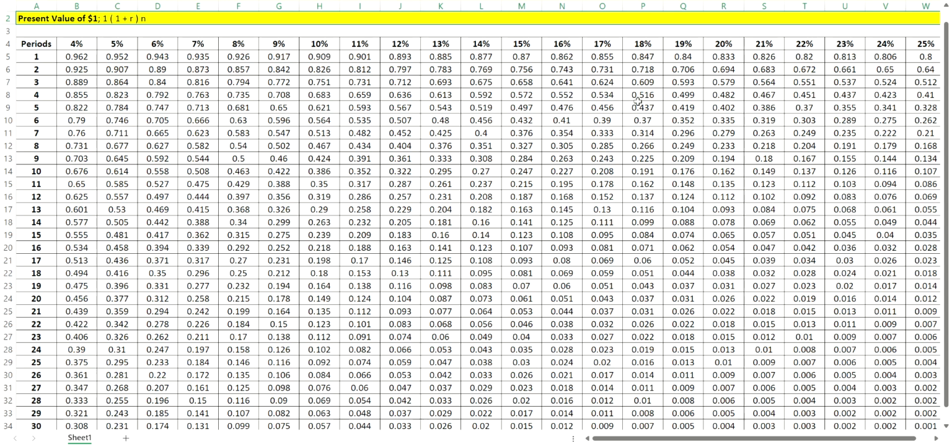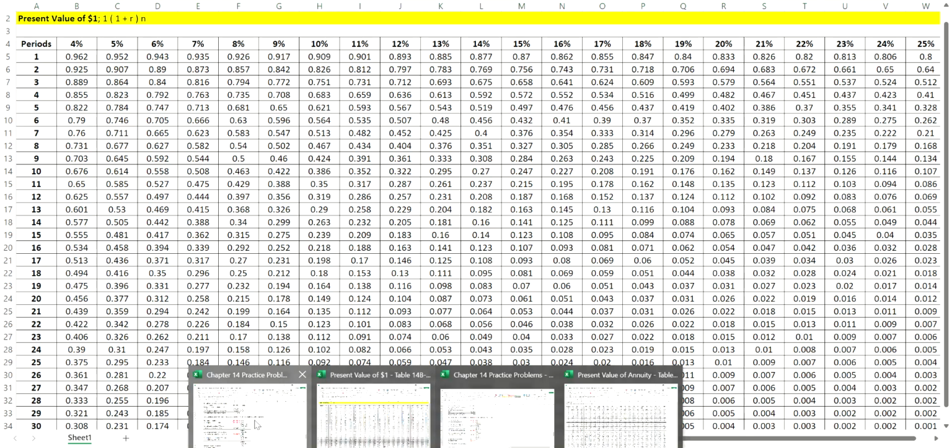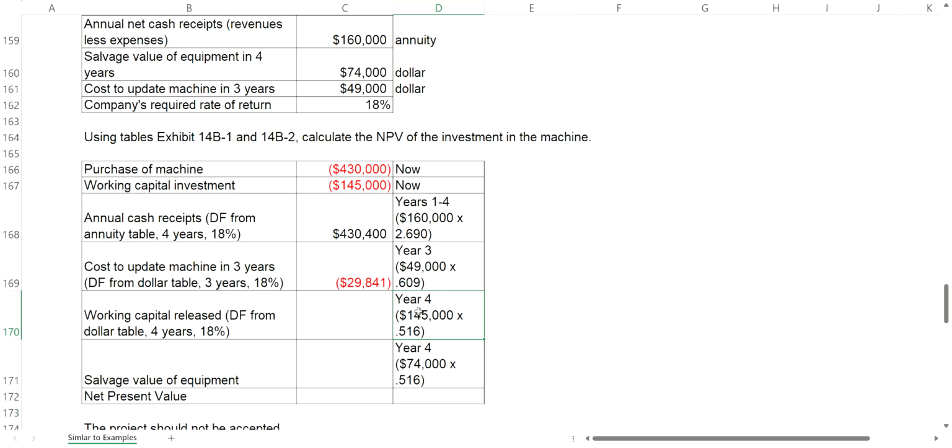Cross-reference over to 18%, and you'll see here that's 0.516. So I'm going to take 145,000 times 0.516. Okay, that is actually an increase in cash flows at the end of year 4 of $74,820, because you're getting that money back at the end of year 4.